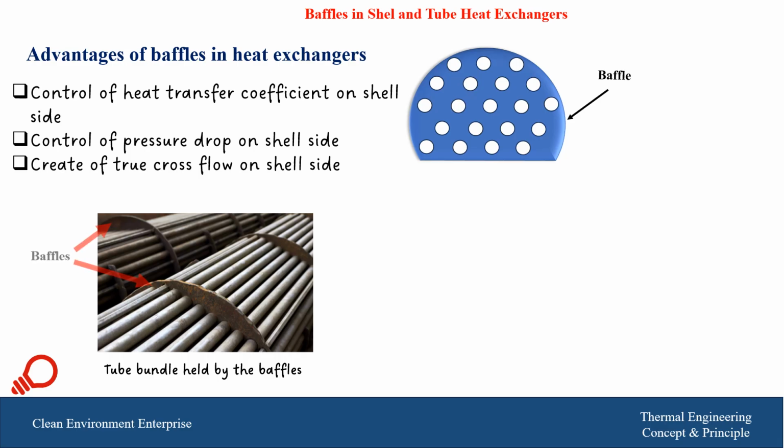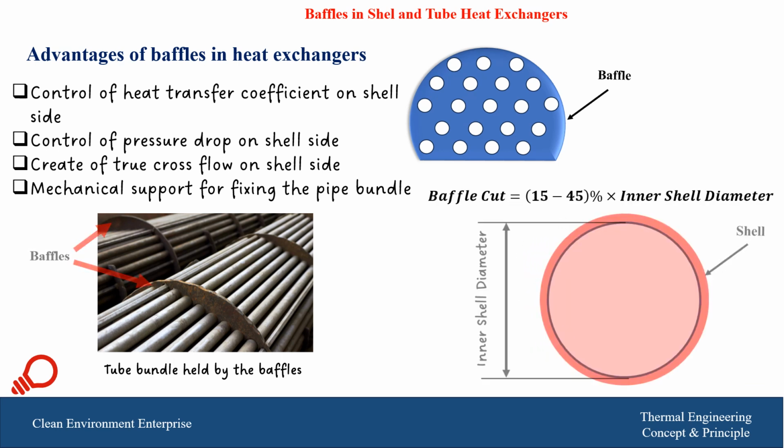The other advantage is that the presence of these baffles will create a cross process flow on the shell side with the fluid that passes through the tubes. And finally, they provide mechanical support to the tubes, so we can keep them in a straight way and at the same time strengthen the structure of the heat exchanger.